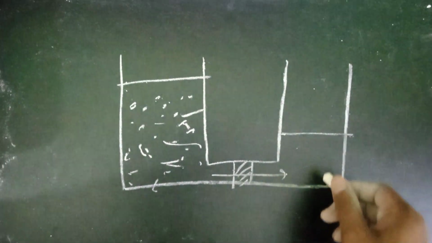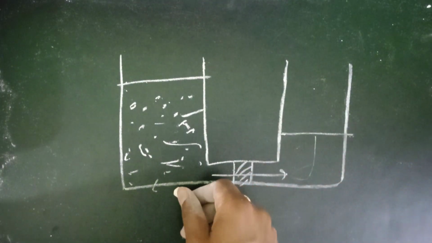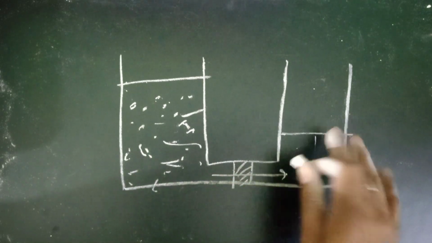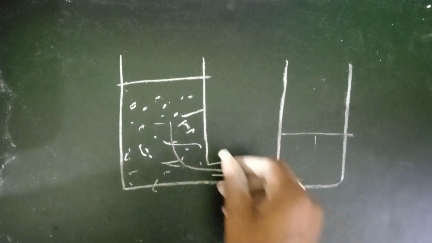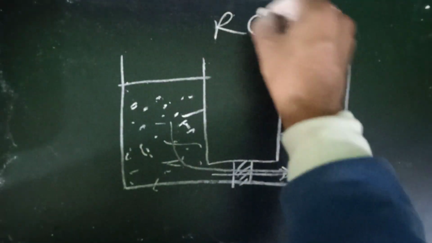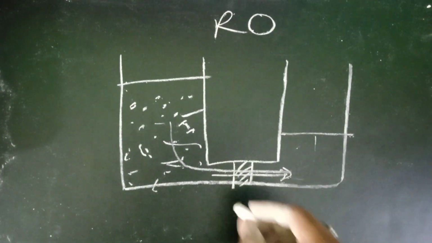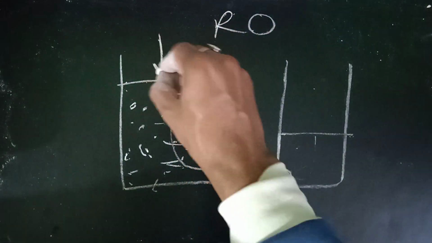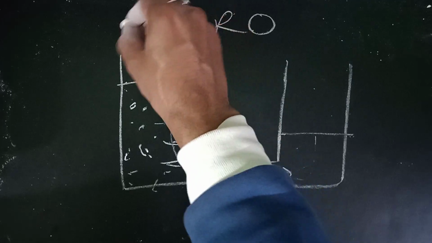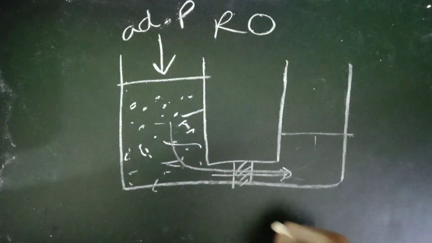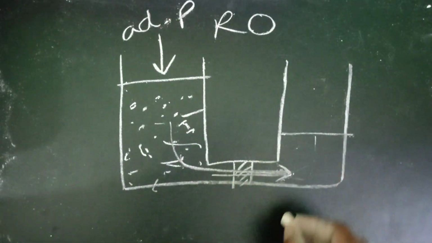Typically, water here will move back because of osmosis, but we want to pass this water in the reverse way. This is RO, reverse osmosis. What happens here is that we put some additional pressure to reverse the natural process.